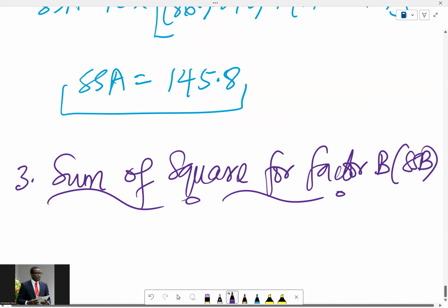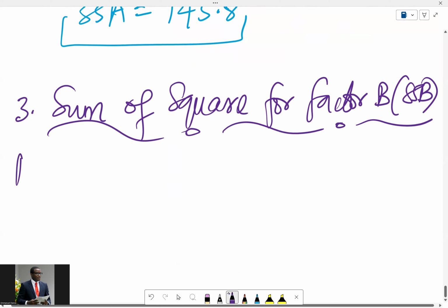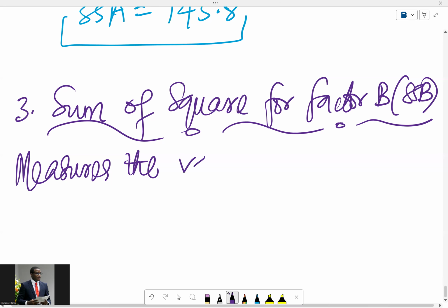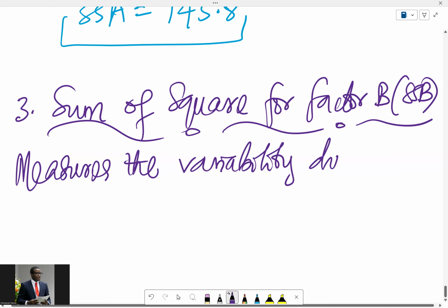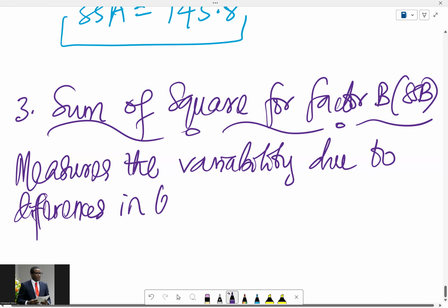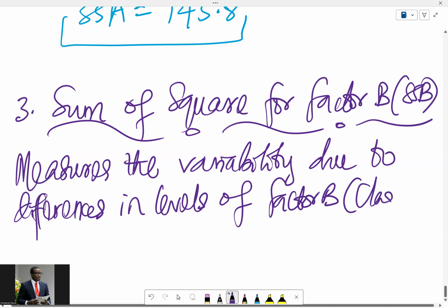Here, this measures the variability due to differences in levels of factor B, which is actually class type in this situation.